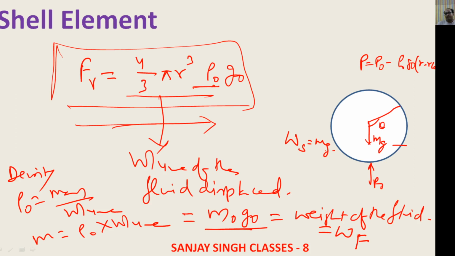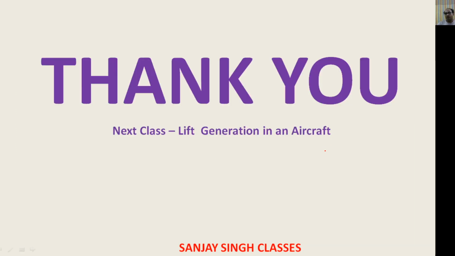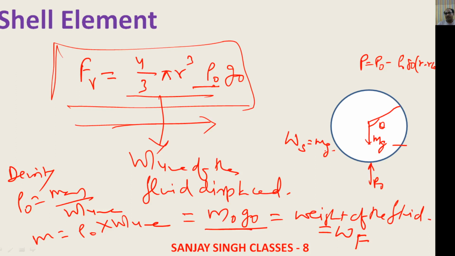Now further, here itself I will tell how the lift works. When the weight of the fluid displaced gives us the vertical force FB, if that vertical force is greater than mg, the weight of the solid, then there will be a positive lift.